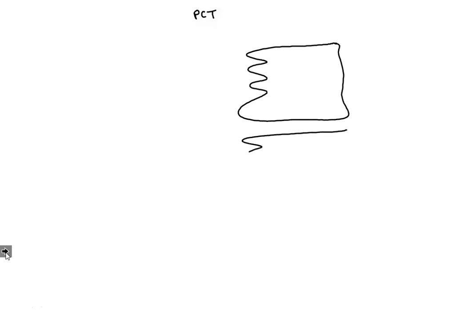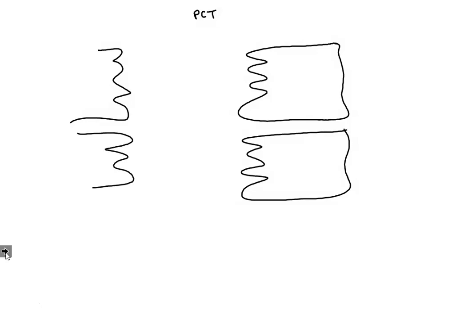The next drawing is of reabsorption in the proximal convoluted tubule. And we're going to draw a few cells here. And there's cells on the other side as well, which I'm drawing less completely.